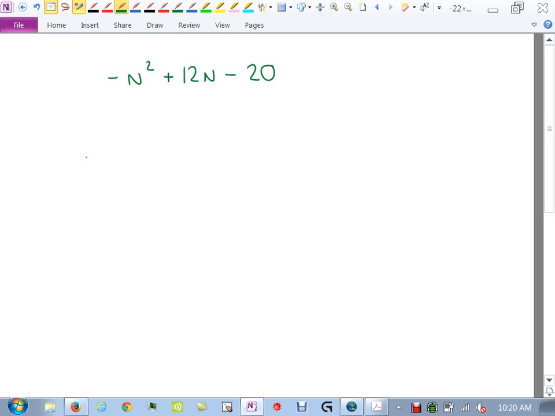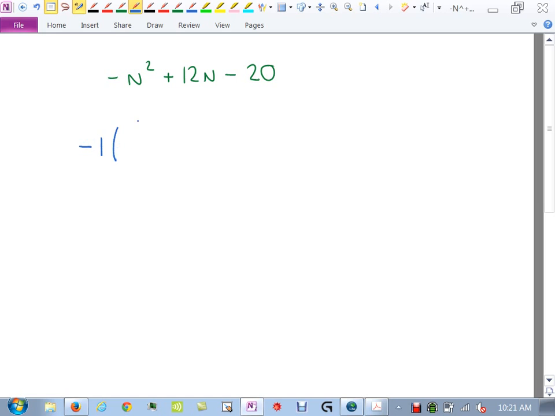Three terms, right? Is it in the right order, like variable squared, then variable, then number? Okay, what's the one thing I do need to take care of here? The negative in front of the n squared. So I'm going to factor a -1 out.